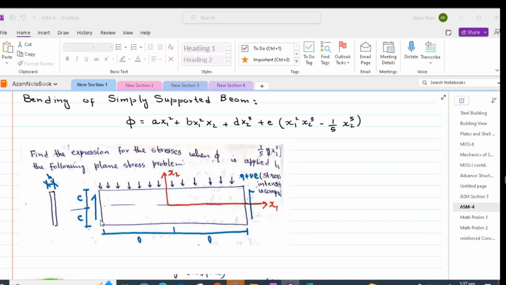One thing which is important to keep in mind is that the boundary of this simple problem has got two conditions per face. In other words, it has got two boundary conditions per face. For example, we may specify direct and shear stress on each point of the boundary.